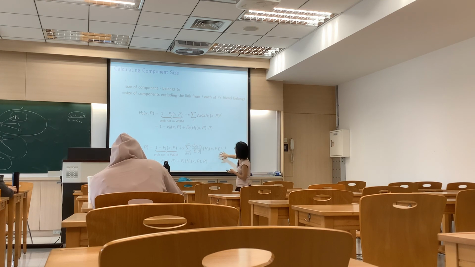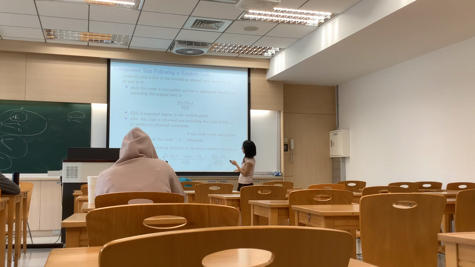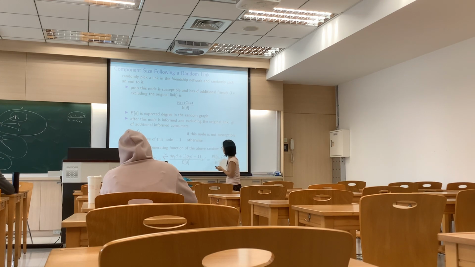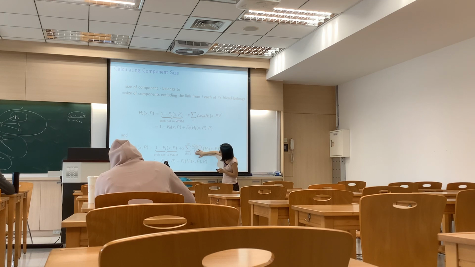Okay, but this part looks just like the F1 here. Because this is the probability that J has D friends times some number to the power of D minus 1.